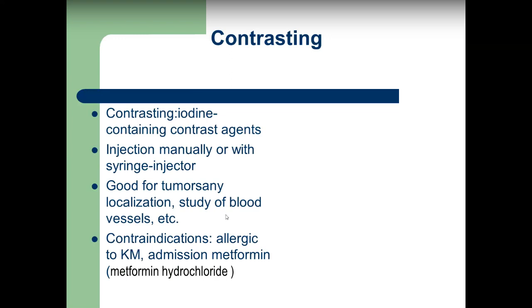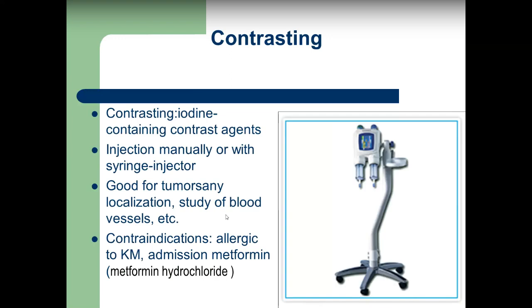So it's mandatory for tumors of any localization, for study of blood vessels, etc. Of course, it has some contraindications. We often use this item, a syringe injector, an automatic syringe injector. It has two bulbs.